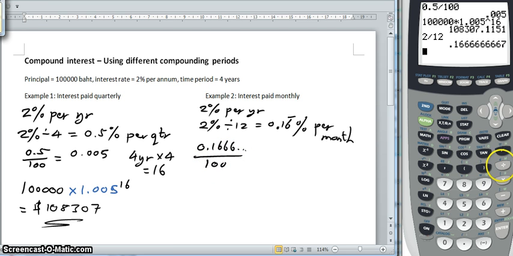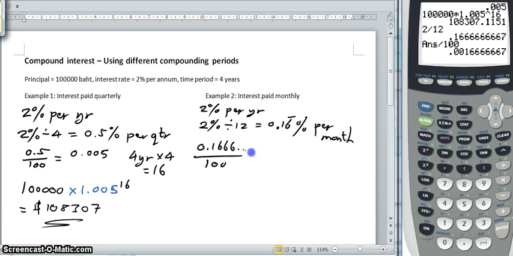So we're going to divide that number by 100 on the calculator, which will give us our 0.0016 like that. Okay, there's your decimal.